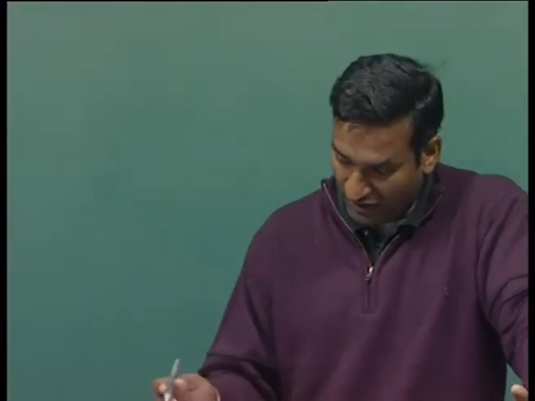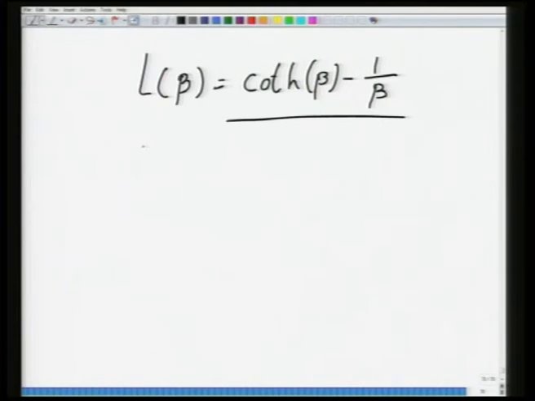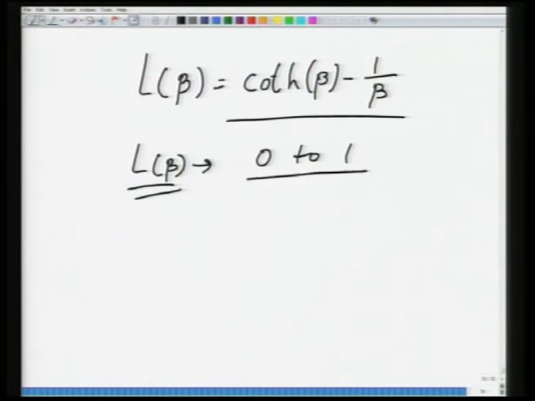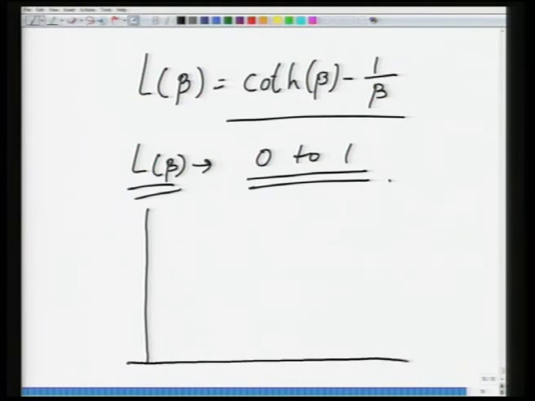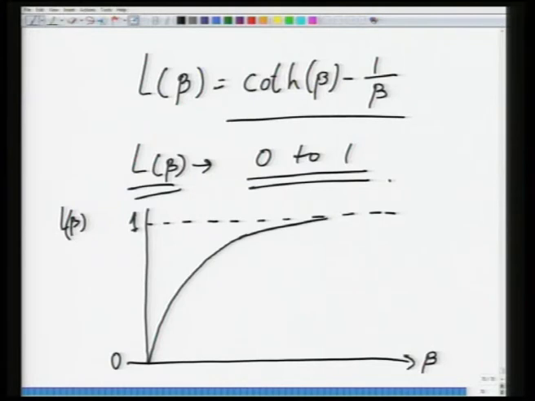We are not going into details of this, but L(beta) will vary between 0 and 1. Okay. So, when you plot L versus beta, if this is 1 and this is 0, then it varies something like that.